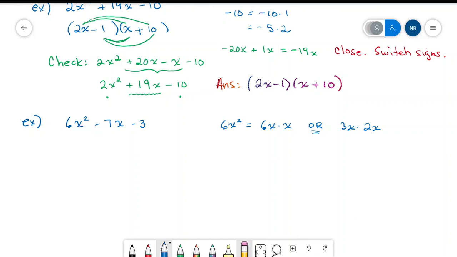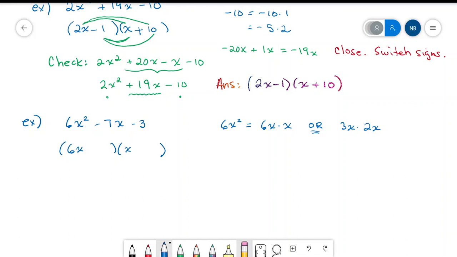That's the first time we've had to deal with this choice. So let's start with 6x times 1x.